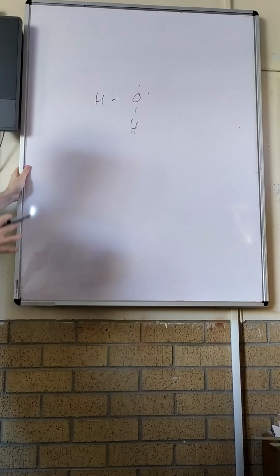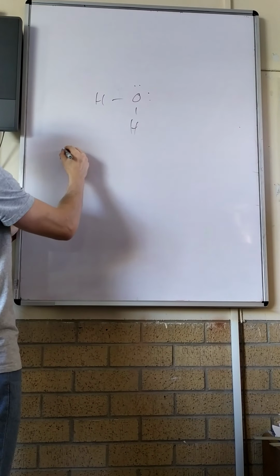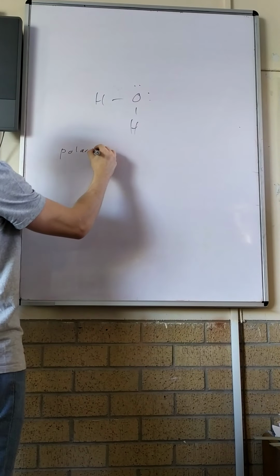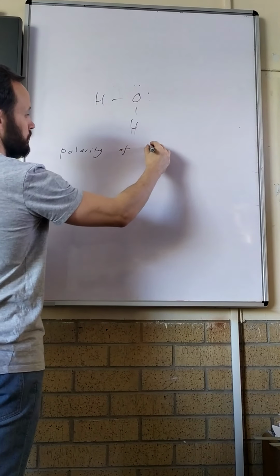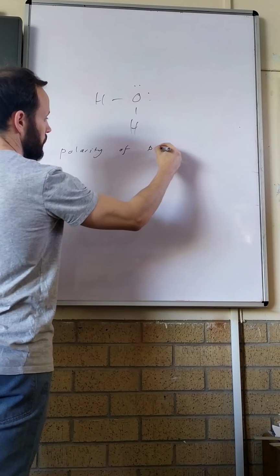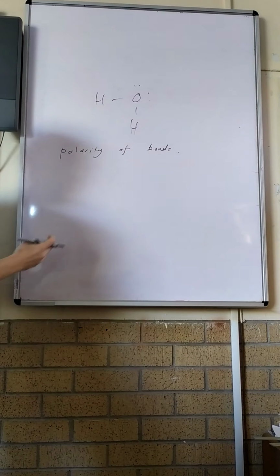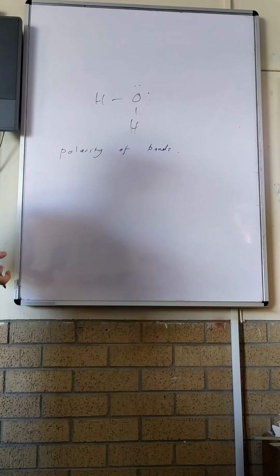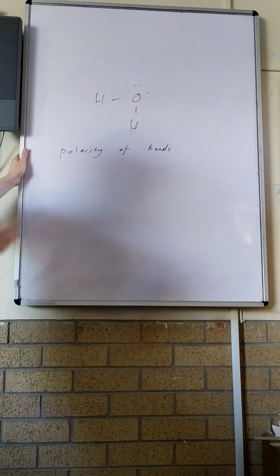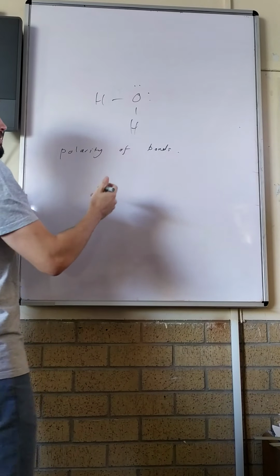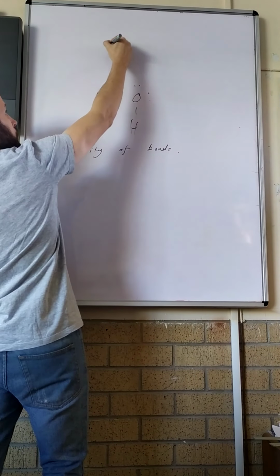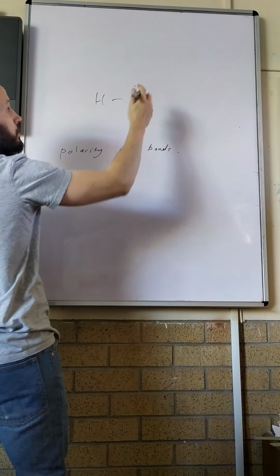Couper diagrams are useful for showing polarity of bonds. Okay, that's what these diagrams are good for doing. Of course, you need to know how to do a Lewis diagram, you need to know how to do a Couper diagram, this is how you change between them. Some other relevant examples of Couper diagrams.